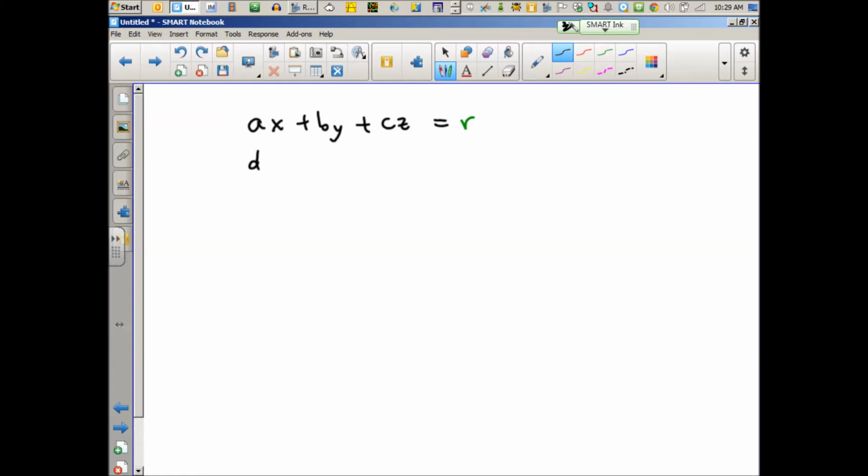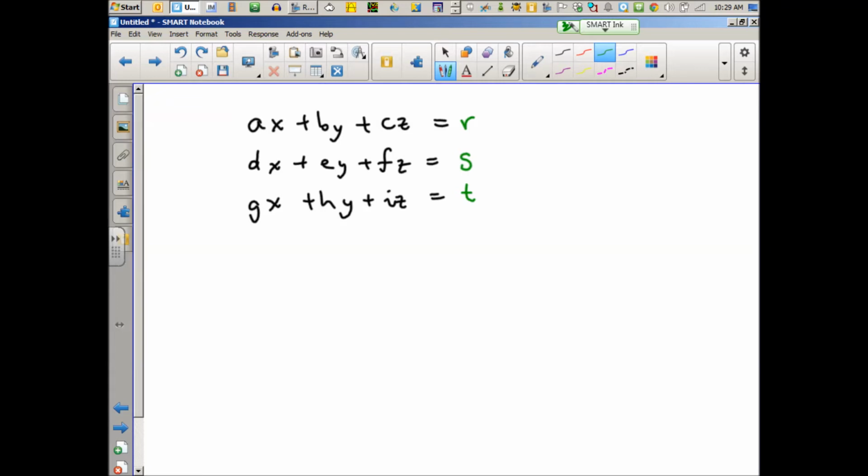And then you have dx plus ey plus fz equals maybe s. And then you have gx plus hy plus iz equals t. And obviously this i is not the square root of -1. It's just trying to come up with letters for these numbers.